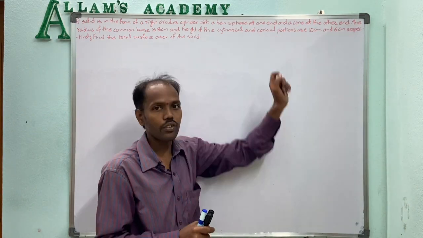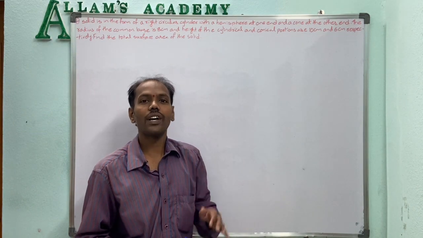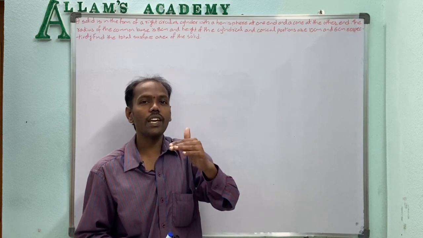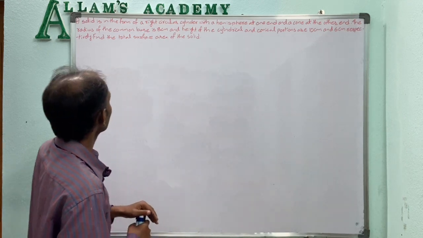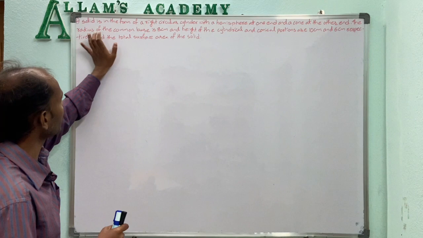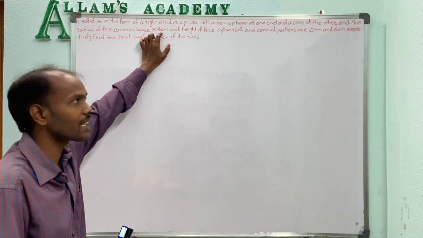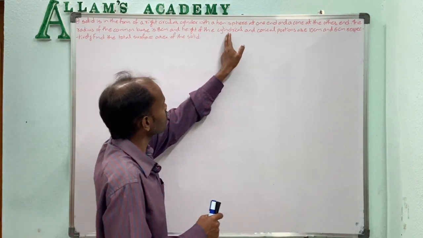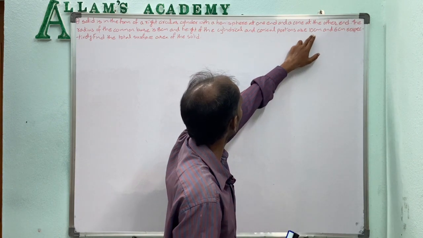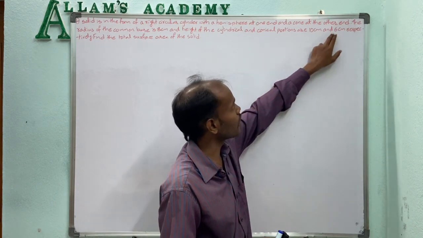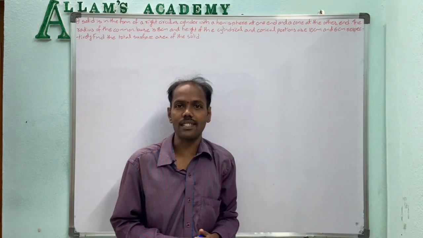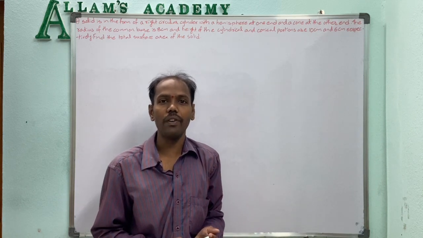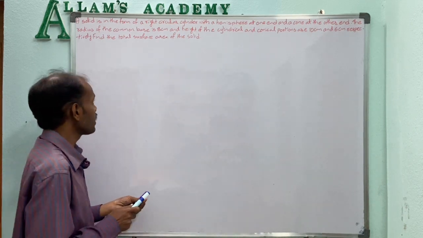The information given is: base radius is 8 centimeters, height of cylinder is 10 centimeters and height of the cone is 6 centimeters. Okay, so now we solve.